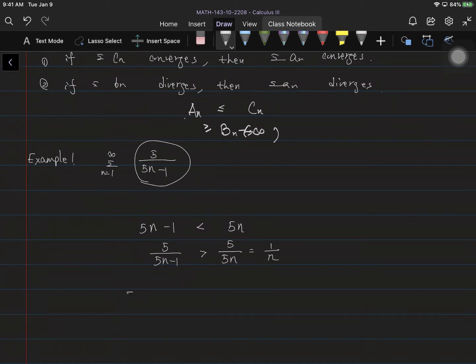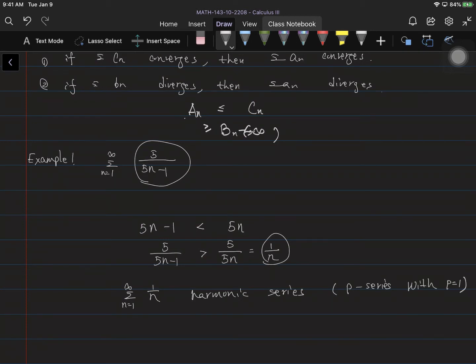And now we know the series 1 over n. What is the series 1 over n? We call it harmonic series. And this is also a special case of the p series, when p is 1, with p equals 1.